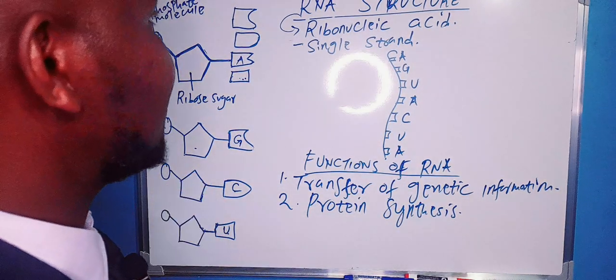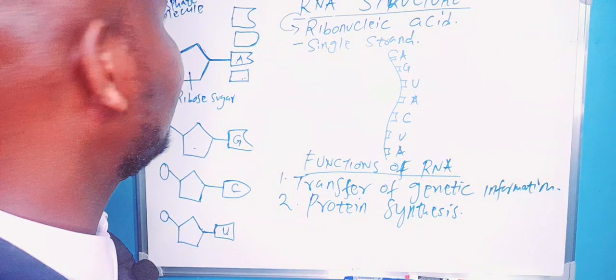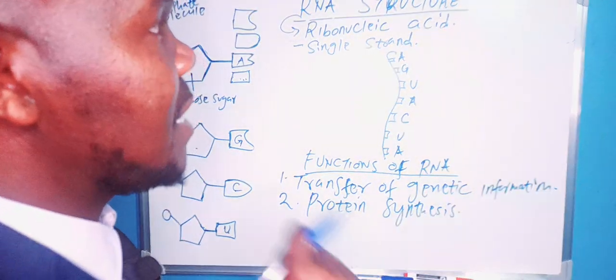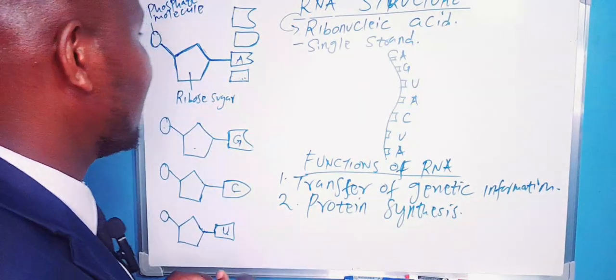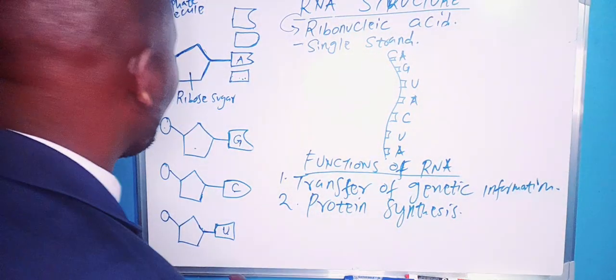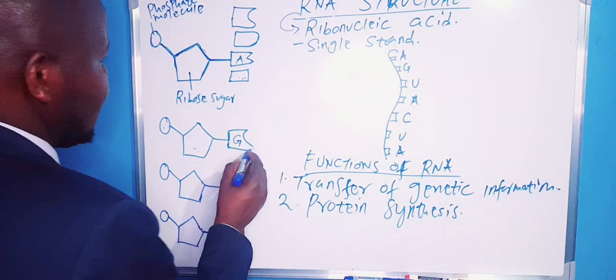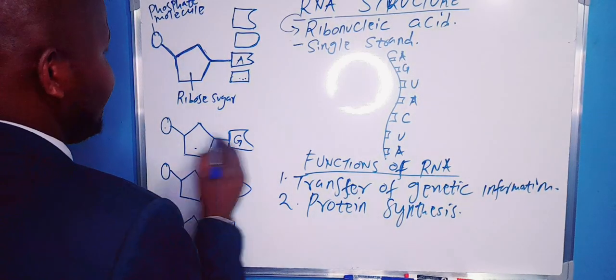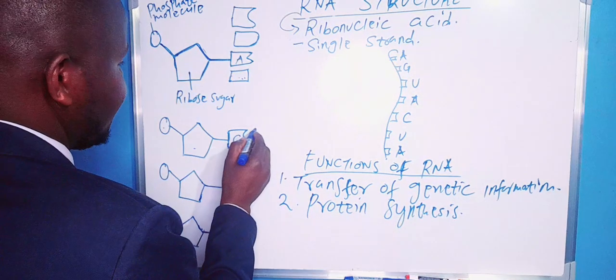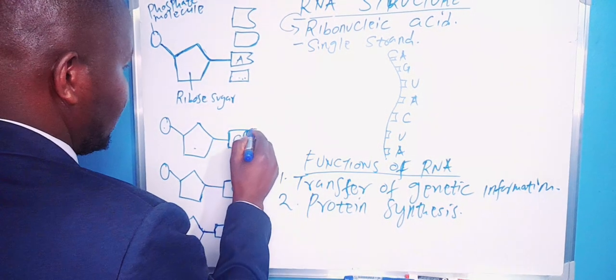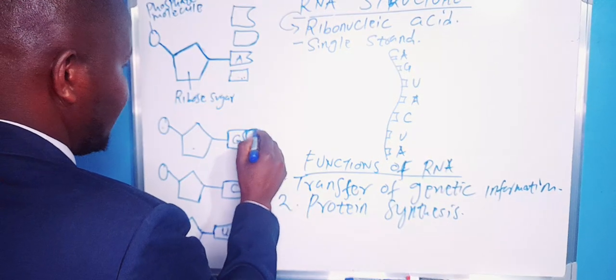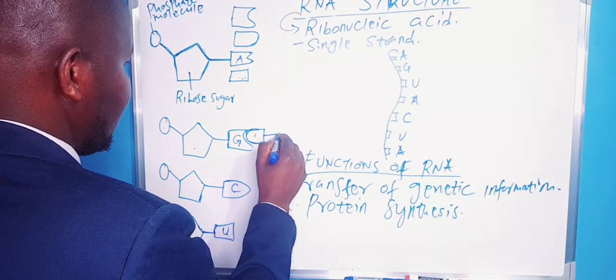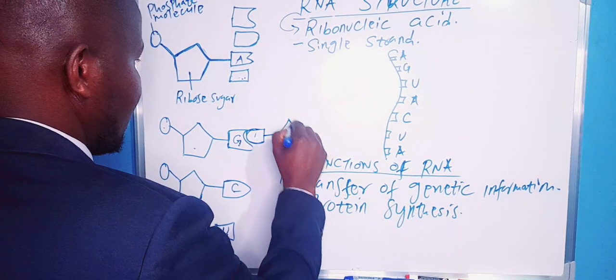Then now, in terms of pairing, we have the nucleotide. This is one nucleotide structure. If I want to make a polynucleotide, I'll just feed this one. This is guanine, so I have to feed it with the cytosine. So this is the fitting of the cytosine. Then I draw this one.